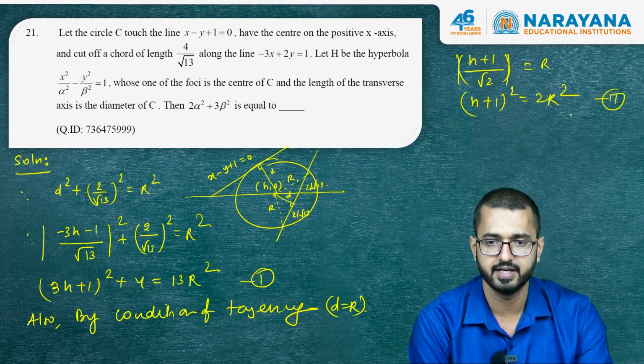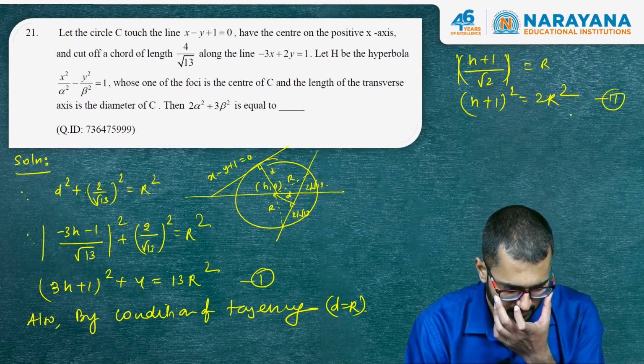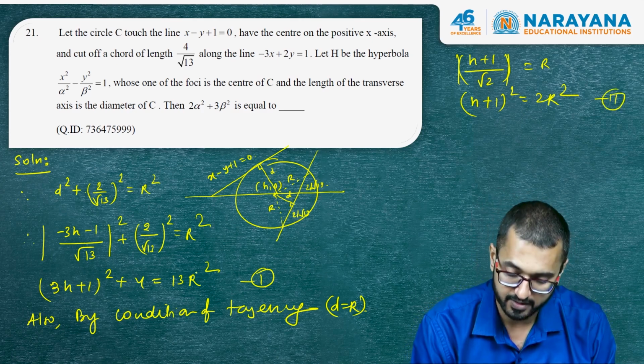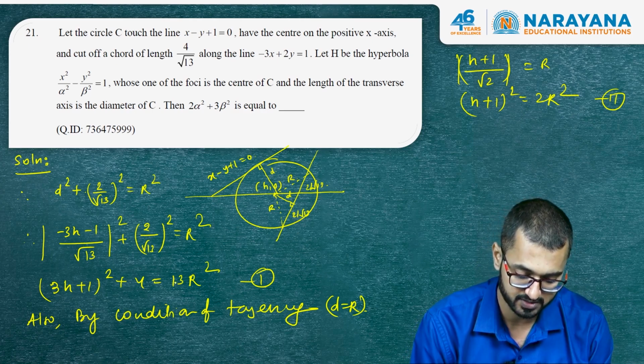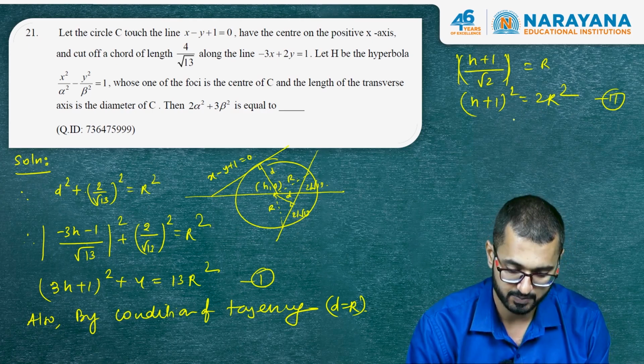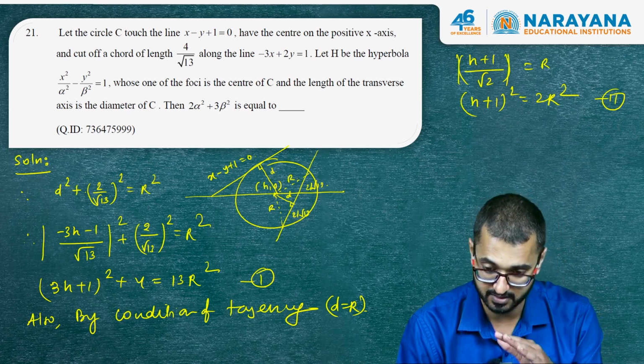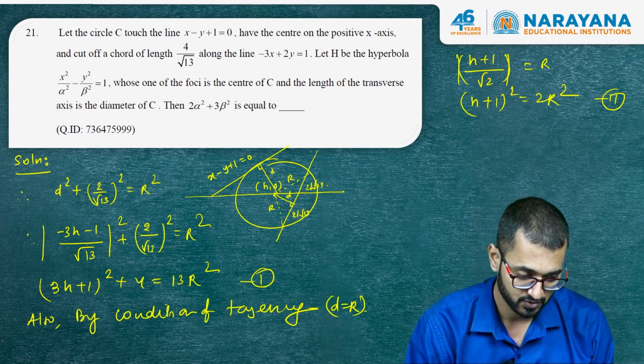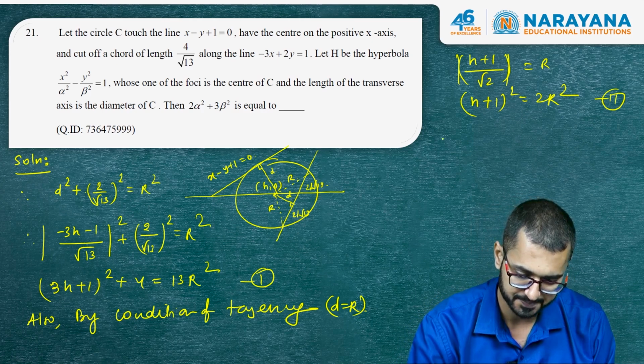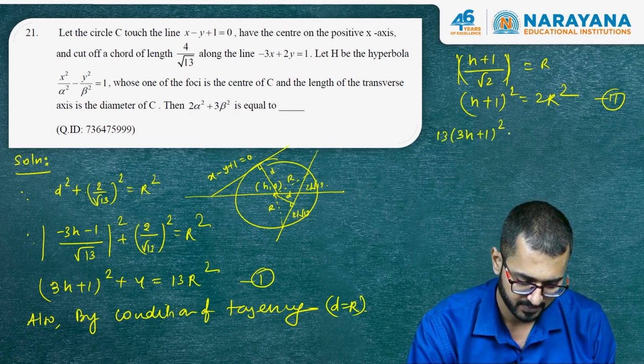So we have to get h and r from here. So let us do one thing. We will try to eliminate r² first. So this is 13 here, this is 2 here. So I'll multiply the first equation by 2 and the second equation by 13 and subtract it, so that 26r² is gone. So I am now having just 13 times (3h + 1)², and then minus, we have subtracted, right?